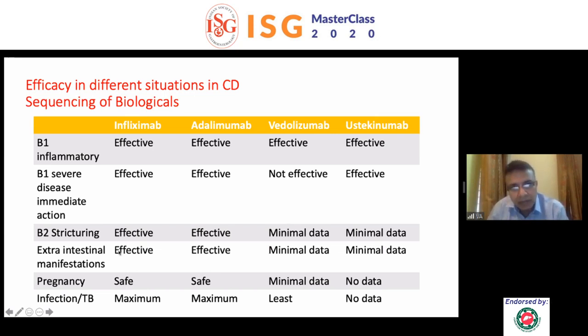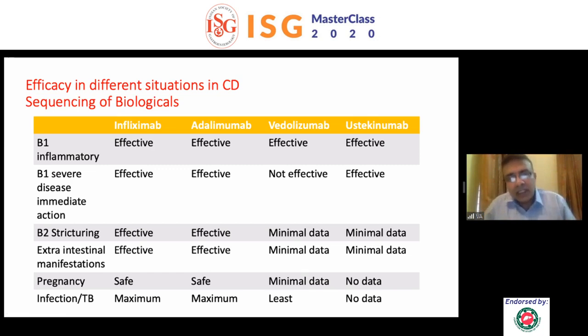You only have data for infliximab and adalimumab. Pregnancy, again, most data is available for infliximab and adalimumab. Infection and TB: yes, the risk of infection is least with vedolizumab, and particularly TB seems to be the least. So there it appears to be the first-line drug. But remember that it is not effective in severe inflammatory disease, and certainly in stricturing disease or extraintestinal manifestations, we do not have any data.